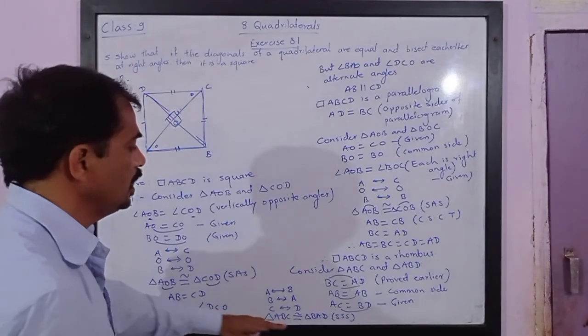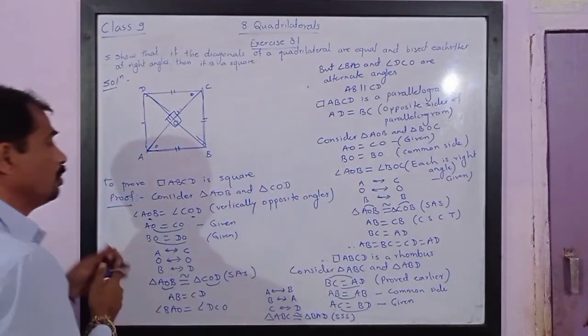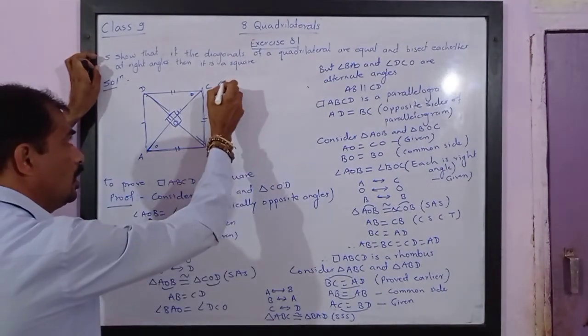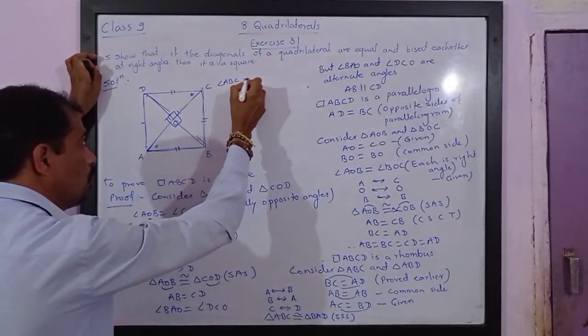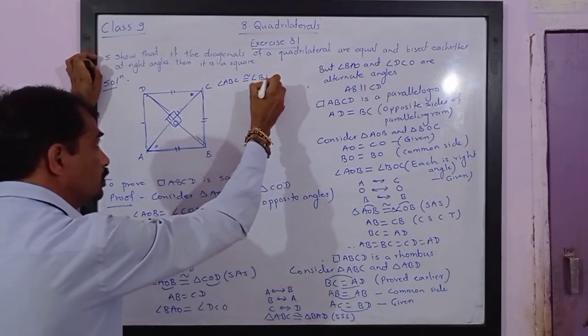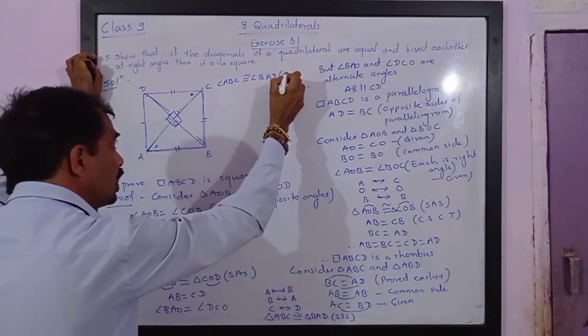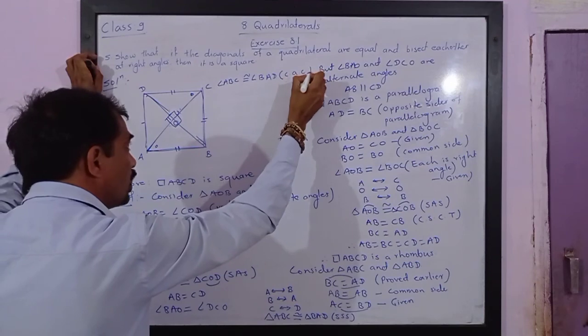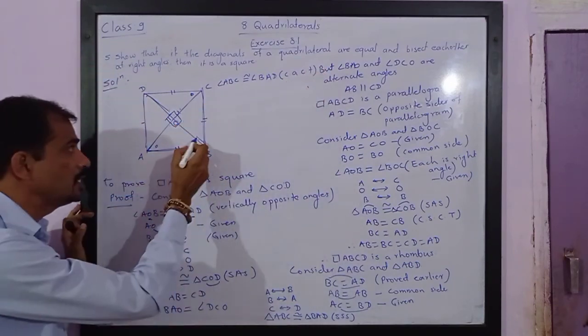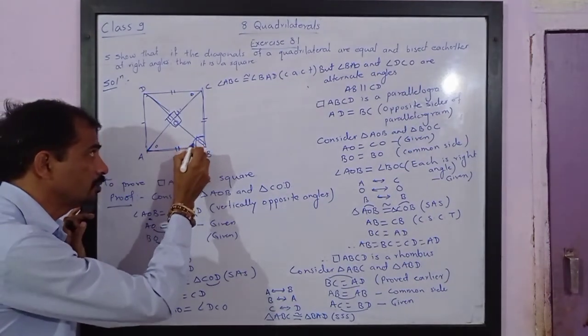If triangle ABC is congruent to BAD, it means their corresponding angles are congruent. Same angle I want. Angle ABC congruent to angle BAD. Reason is corresponding angles of congruent triangles. They are corresponding angles. So I have got ABC, that is this angle.